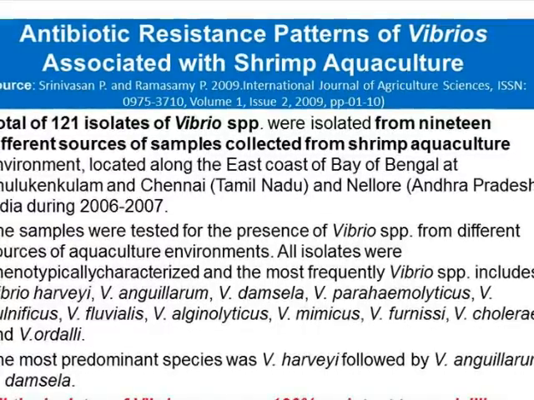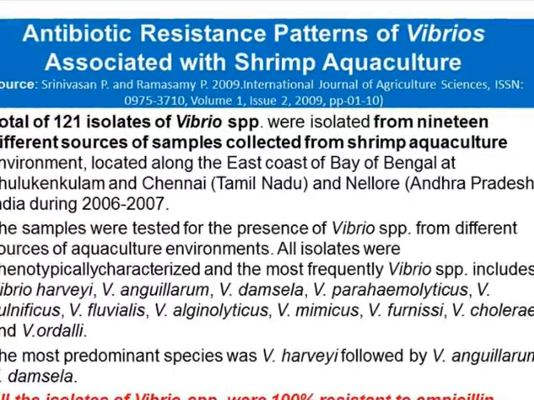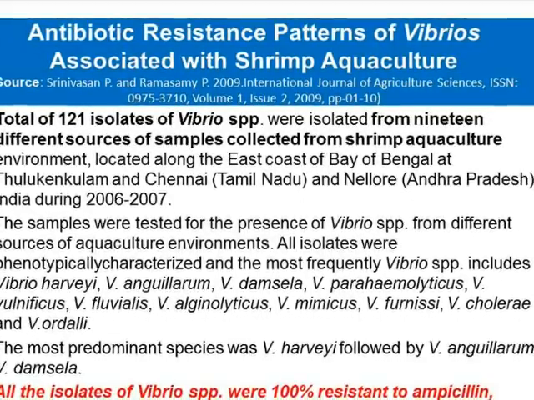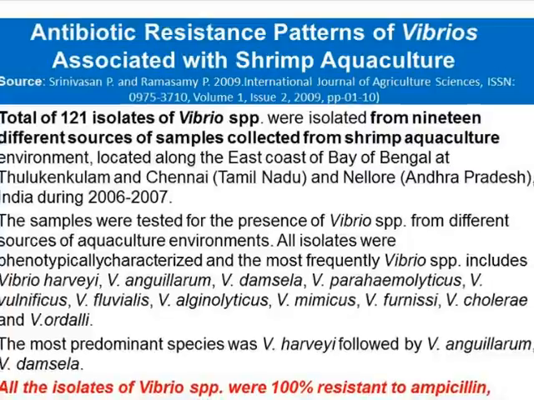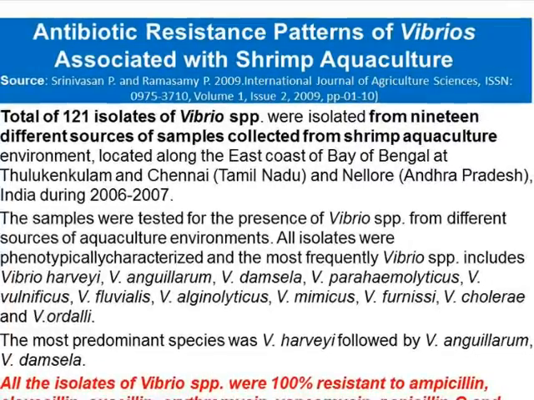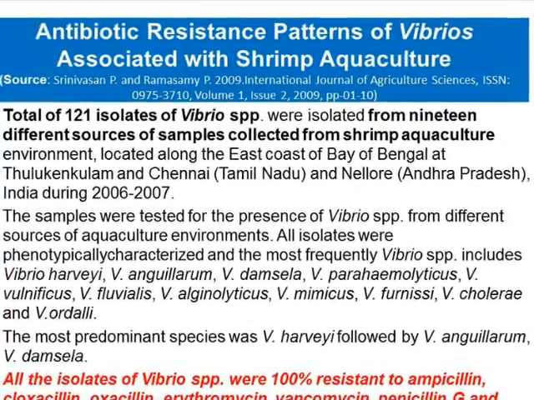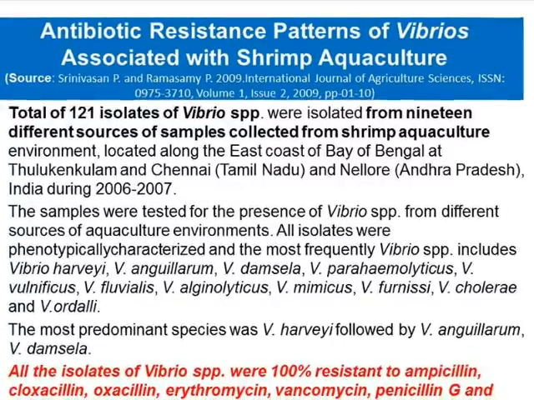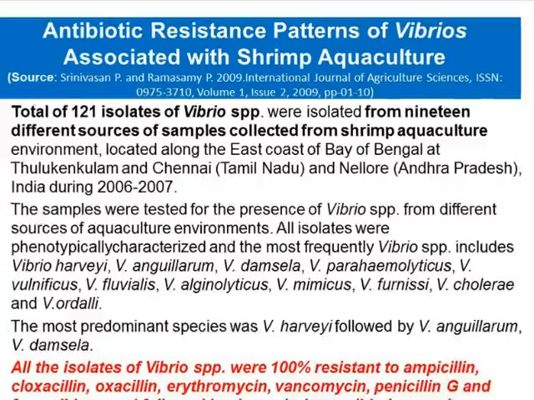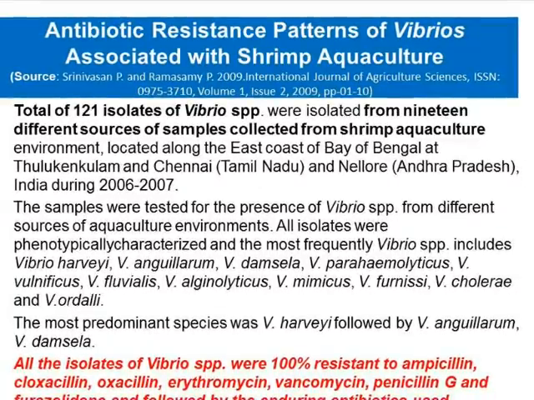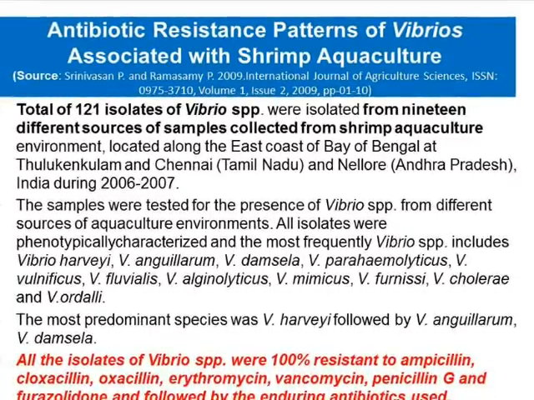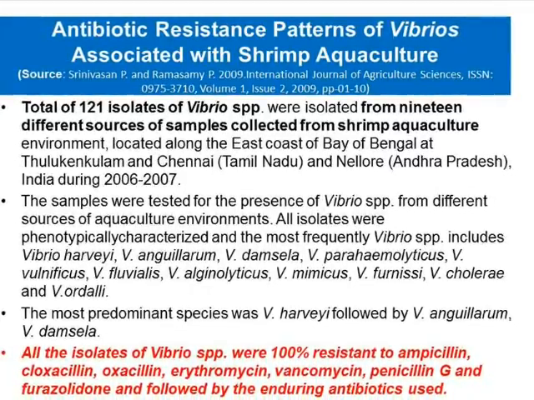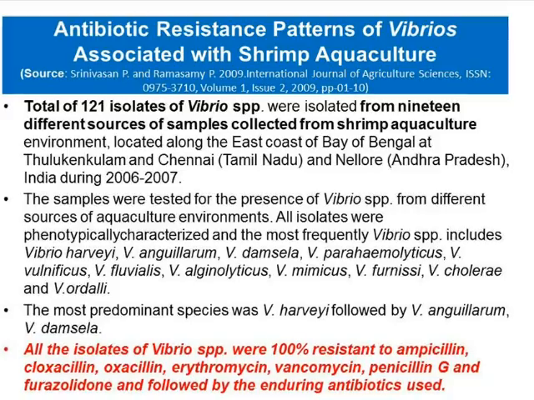And most concerning is that all of the isolates were 100% resistant to 7 to 8 different antibiotics, which is very close to what we saw in our natural results looking at the levels of antibiotic resistance in the sediments in Charleston Harbor. Again, you remember those levels peaked at about 9 to 10 antibiotics.